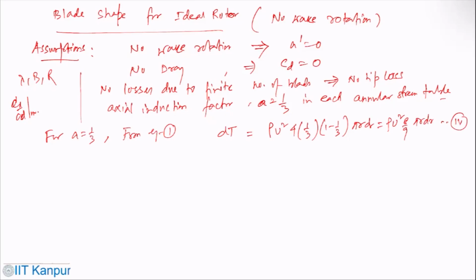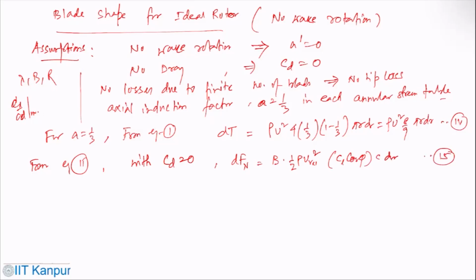Now from equation 11, which is the blade element theory, with C_D equals 0, you get dF_N equals B into half rho U relative square C_L cos phi c dr. Another equation is the third equation.